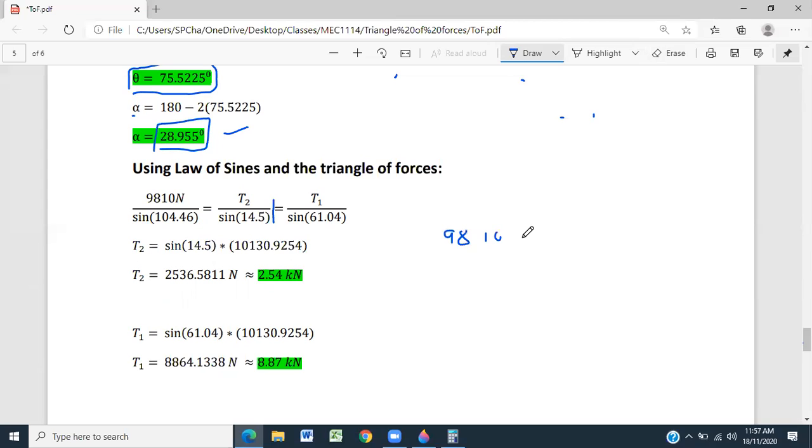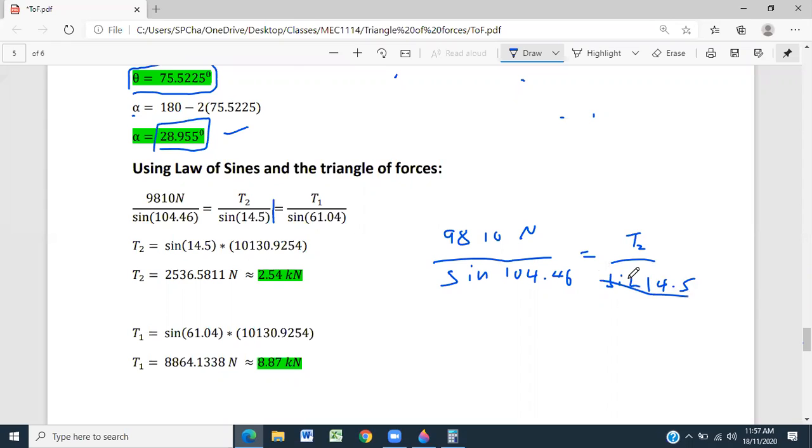9,810 newtons over sine 104.46 equal to T2 over sine 14.5, right?